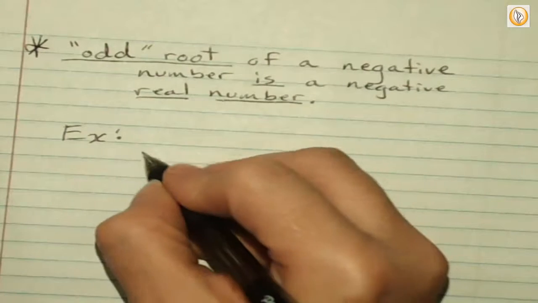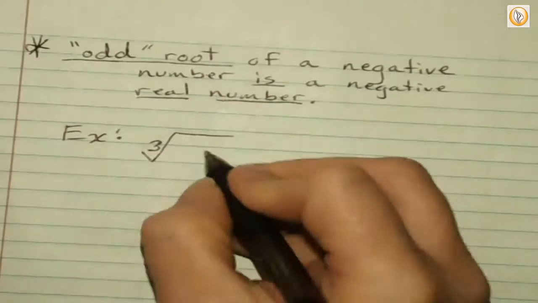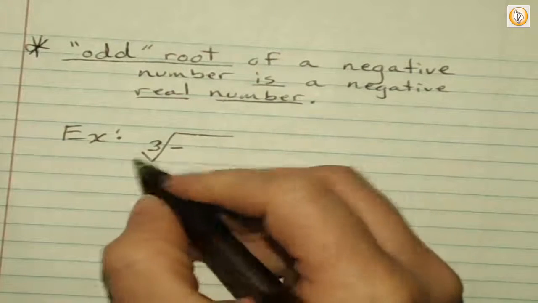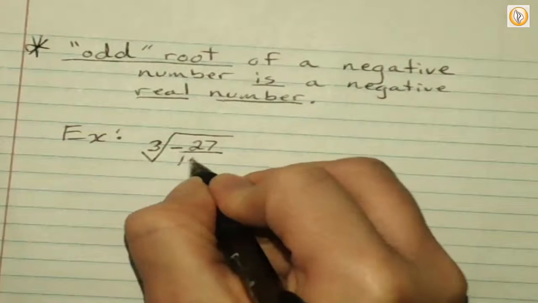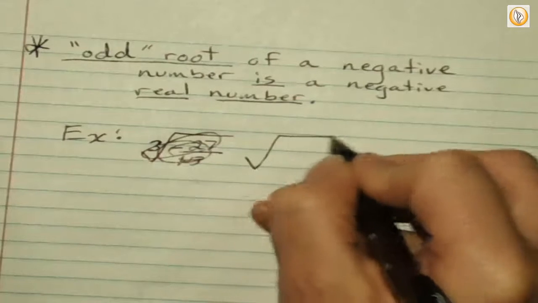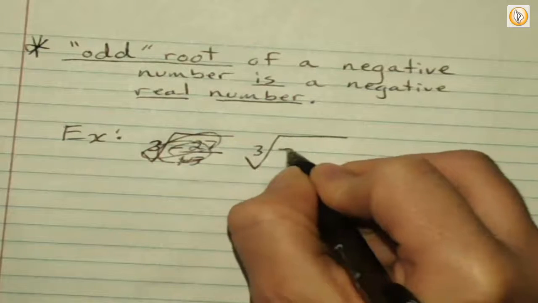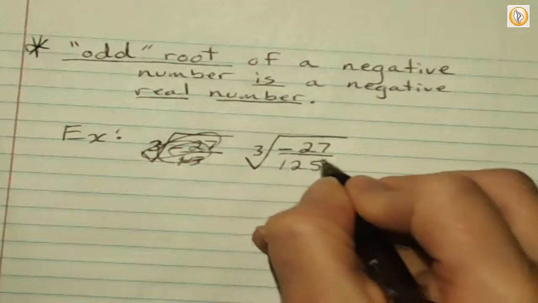For example, and yes, you will be having fractions. The cubed root of negative 27 over 125.